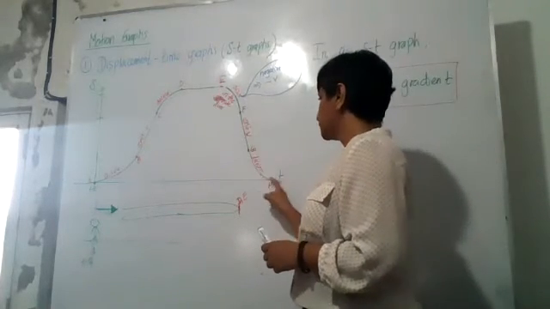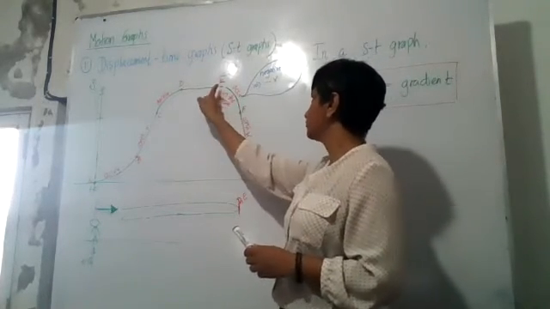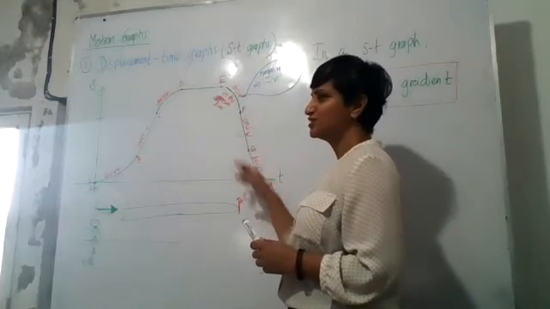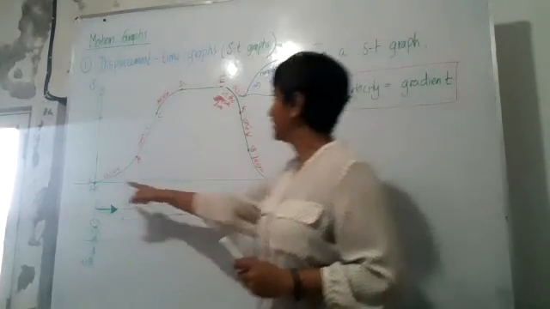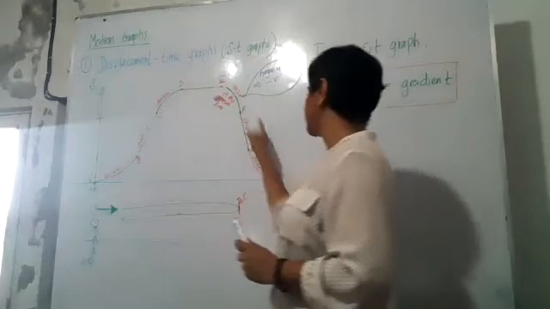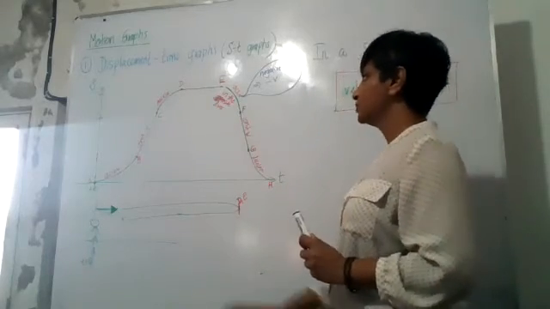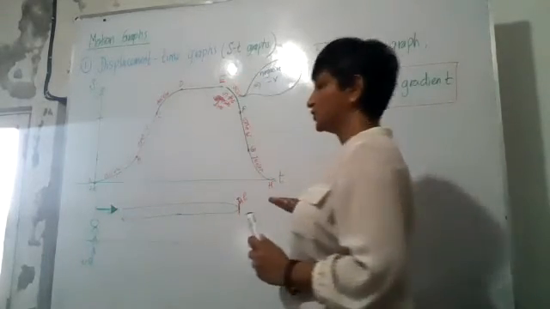All the way here throughout, the slope is negative. So from E to H, it's all opposite direction. A to D in some direction, E to H opposite to that direction. Positive slope, negative slope.